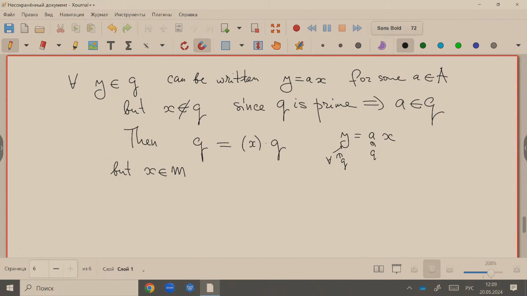It was from the beginning taken from M. And this implies by Nakayama lemma that Q is equal to 0, and this implies that 0 is a prime ideal, because we assumed that Q was a minimal prime.